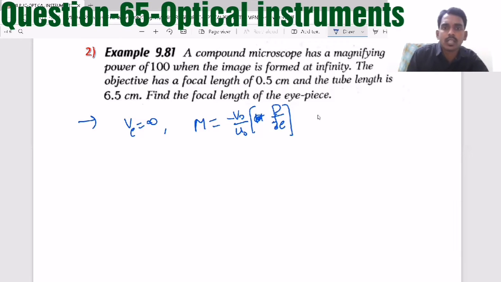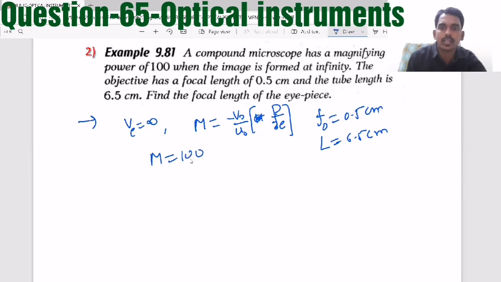The objective has a focal length f naught given as 0.5 centimeter and the tube length L is 6.5 centimeter. The magnifying power M is given as 100, and the D value is 25 centimeter. Find the focal length of the eyepiece.